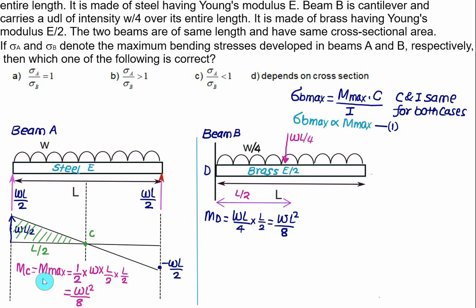And in this case the maximum value is the same, WL square by 8, in both beams, beam A and beam B. It means that the bending stress at A and at B will be the same. So sigma A by sigma B is equal to WL square by 8 divided by WL square by 8, which equals 1. So both beams have the same value of bending stress. So in this case our choice A is the correct choice.